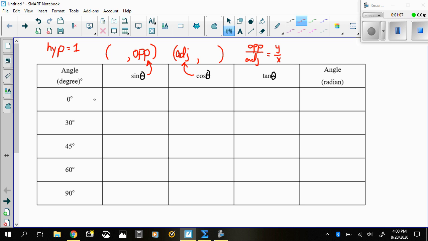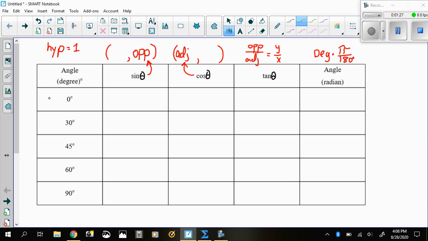And to change the degrees that were given in the problem to the radian measure of the angle, we would take the degree and multiply that by pi over 180, so that we have the fraction form with the pi symbol in terms of pi for our angle measure.